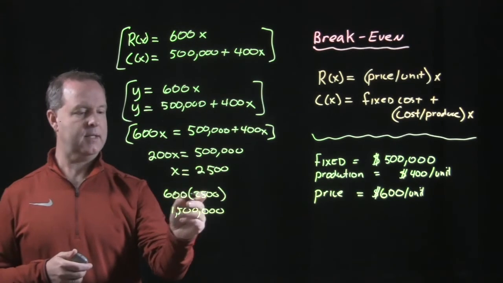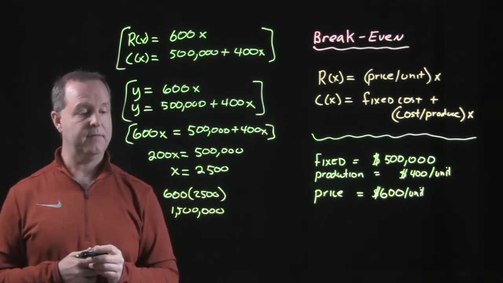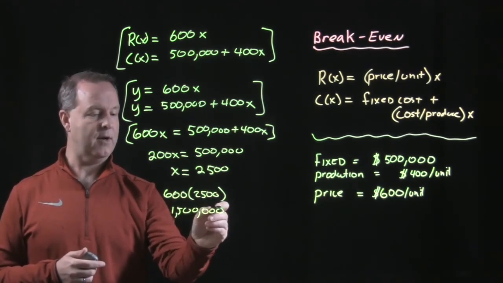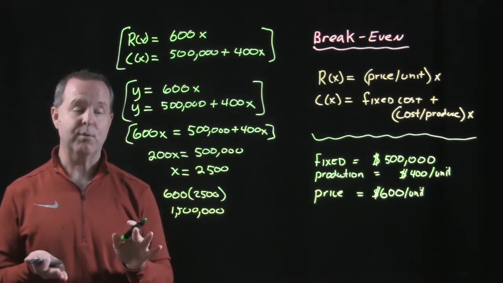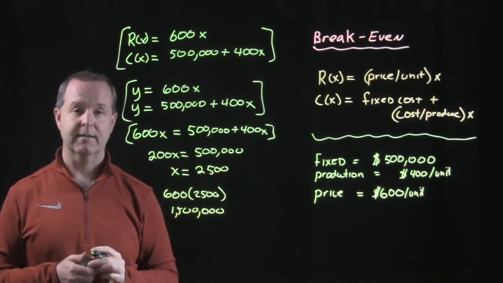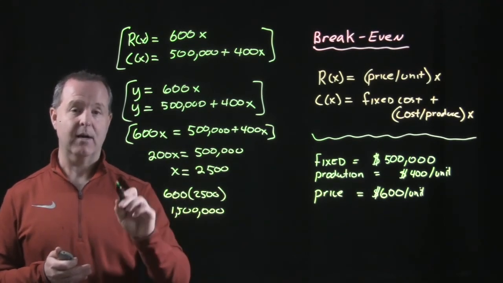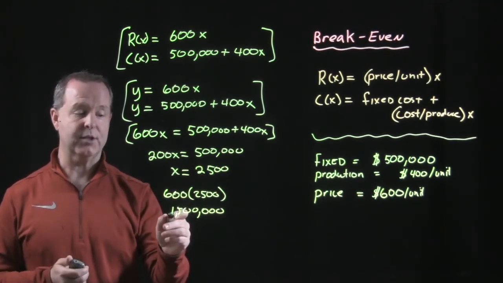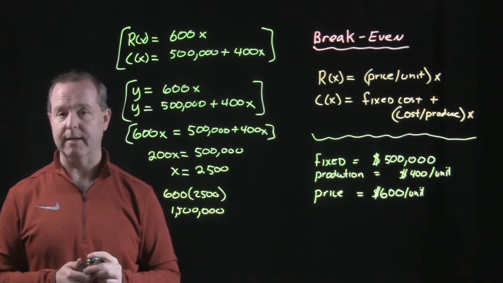Double check my work: 6 times 25 is 150, add on the four zeros. So my break-even point happens when I produce 2,500 units, and at that point, my cost and my revenue equal each other at 1.5 million.